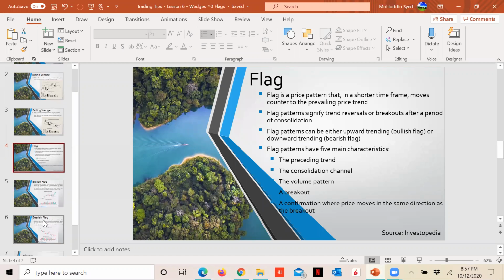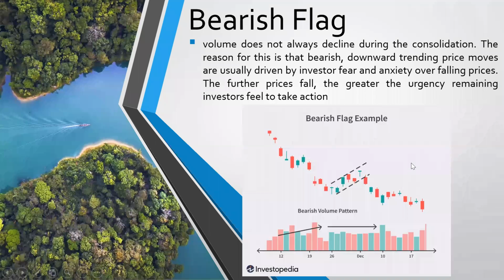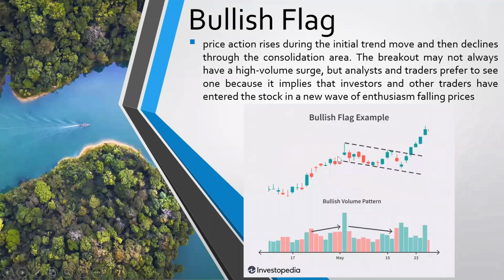And when you go to the bearish flag, it's just the opposite. In the bullish flag, we have a flagpole and then a flag in a consolidation channel and a breakout with a volume pattern here.